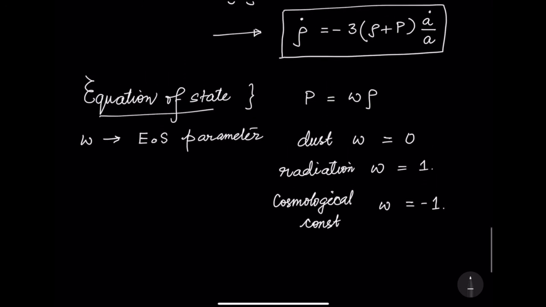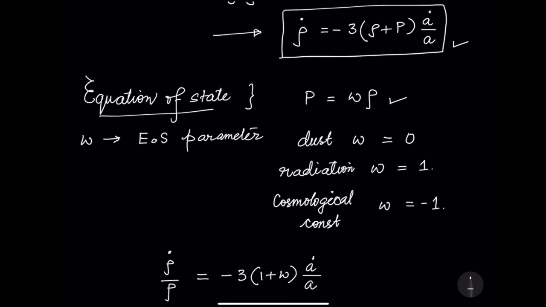Okay. So now, if I use this in this expression, let's see what will happen. So I will get ρ dot. You see that p will just become ωρ. So I can take ρ common outside and take it in the left hand side. So I'll just get -3 into (1 plus ω) a dot by a.